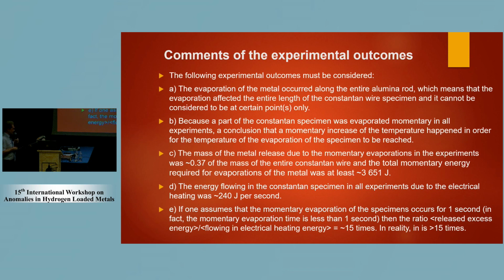In this case, the ratio between the released excess energy and the flowing electrical heating energy is approximately 15 times. However, it is based on the assumption that we're having evaporation for 1 second. But in fact, it is less than 1 second, which means that in reality, it is greater than 15 times.